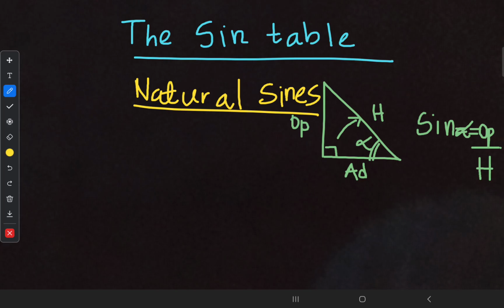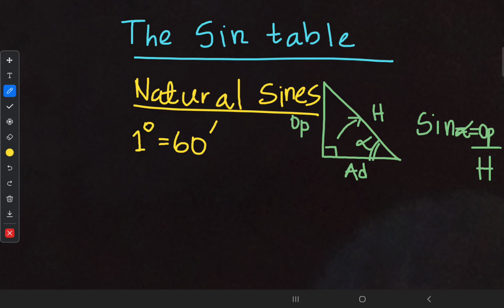Another thing you should remember is that 1 degree equals 60 minutes. We studied this earlier also. That means 1 degree was divided into 60-minute measurements.